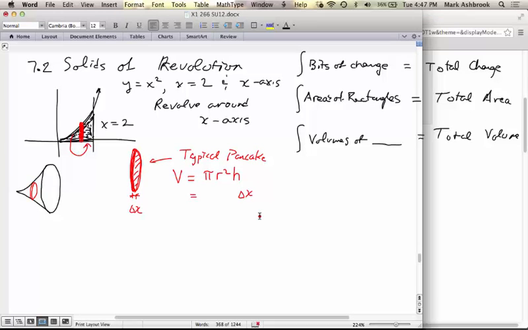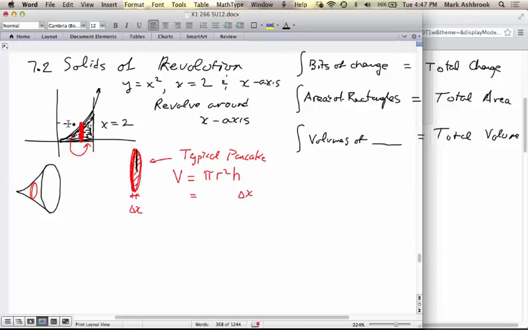Okay, what is r? What is the radius of the pancake? So the radius is going to be like this right here. What's that? It's not 1. They change, right? The radius changes. This is just a typical pancake. So the radius is the height of our original rectangle.